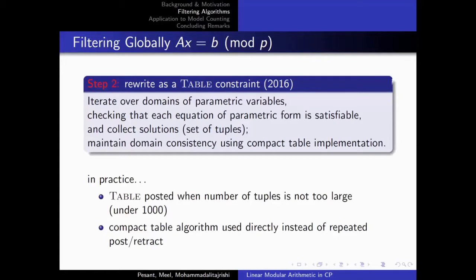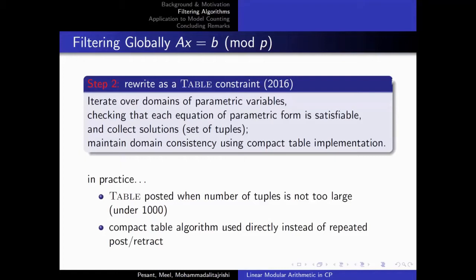So you still need to check that each equation is satisfiable, that the value of the right-hand side appears in the domain of the dependent variable on the left-hand side. And you collect these solutions, so consider them as a set of tuples, and then you maintain domain consistency on that using here, in our case, a compact table implementation. So an efficient way to do this. And that makes a big difference.